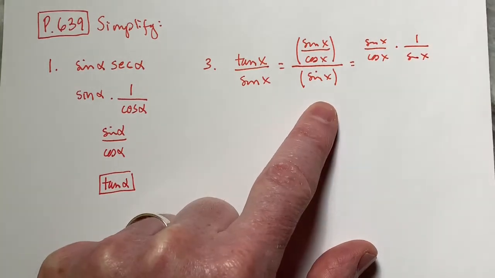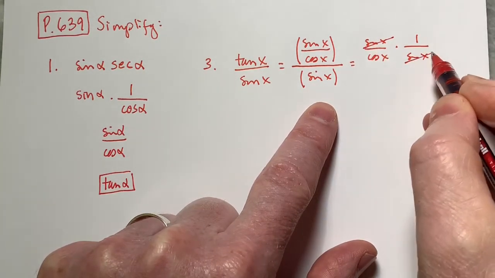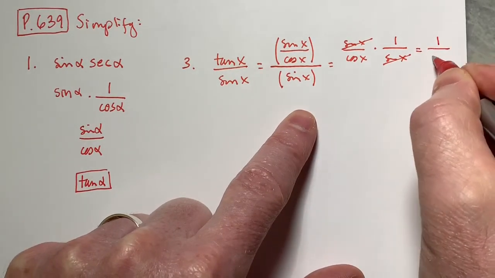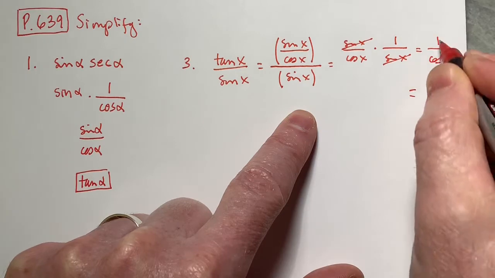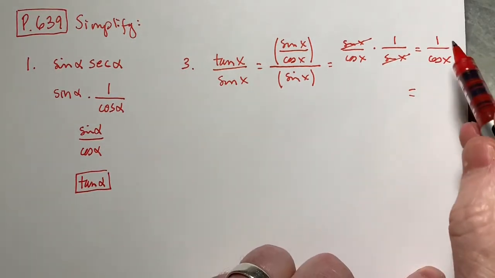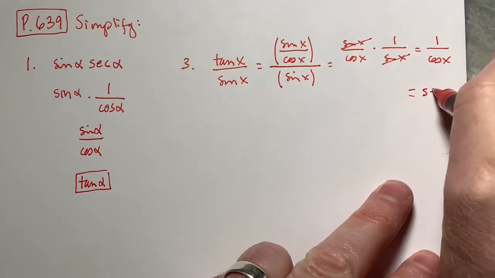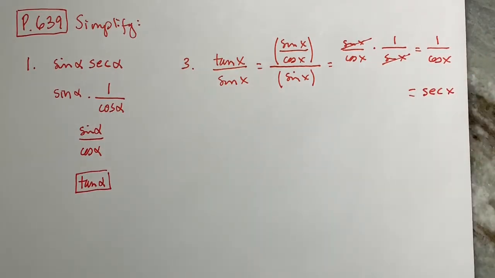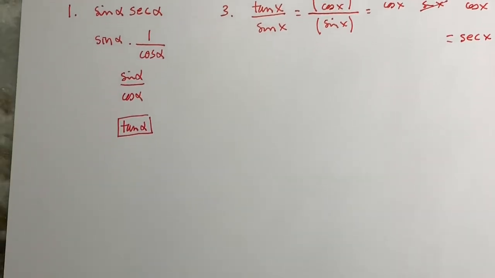And then now what do you see? Now that you're multiplying, those cancel, right? And I'm now left with 1 over cosine of x. And what is 1 over cosine? Well, we know that cosine and secant are reciprocals, so 1 over cosine must be equal to the secant of x.